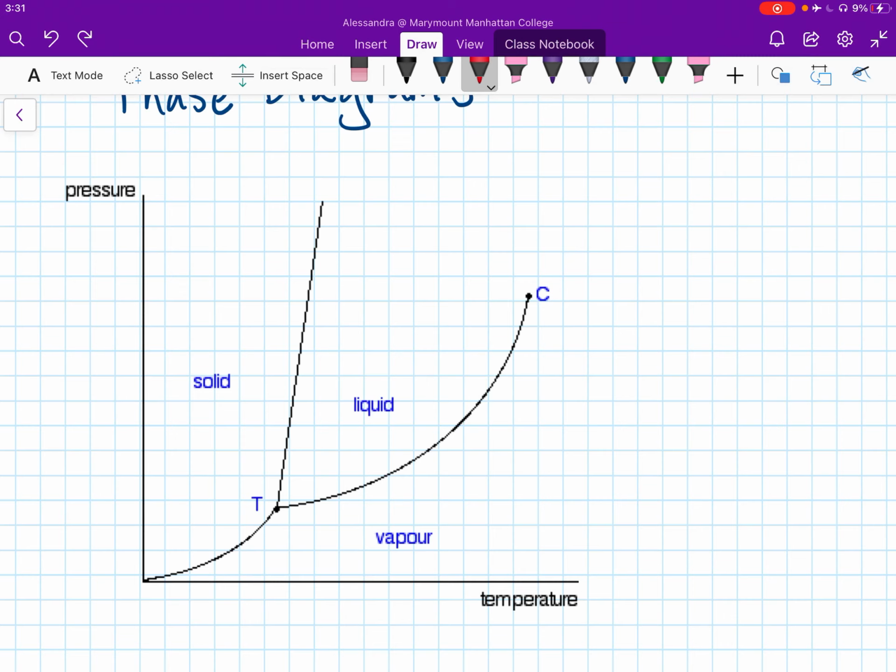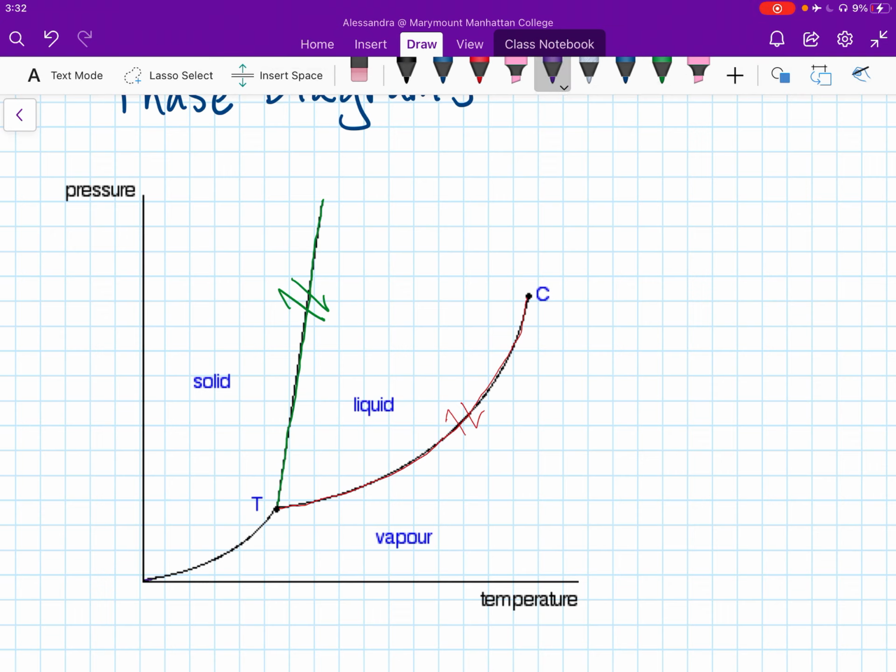Now, anywhere along the line, you are in equilibrium with the two phases. So anywhere along this line here, I would be in equilibrium between the liquid phase and the gas phase. Anywhere along this line here, I would be in equilibrium between the solid and the liquid phases of whatever the compound is that I'm talking about.